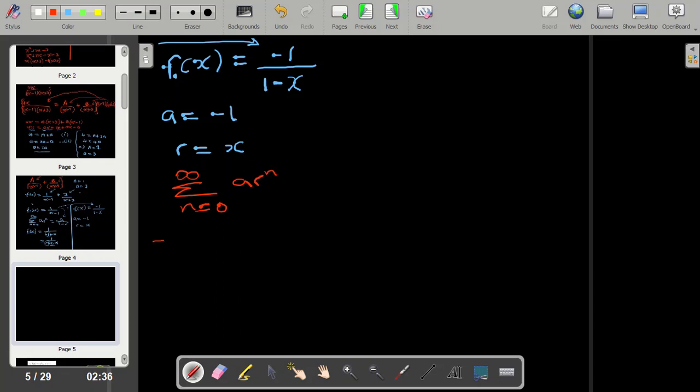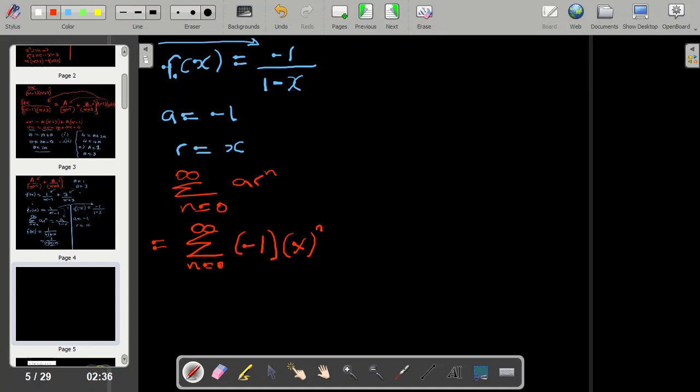So we've identified our a value and our r. So we have a, which is negative 1, then we have r, which is x, to the power n.